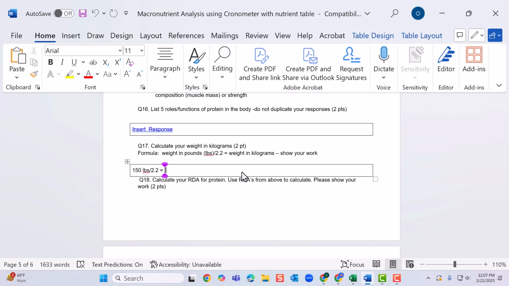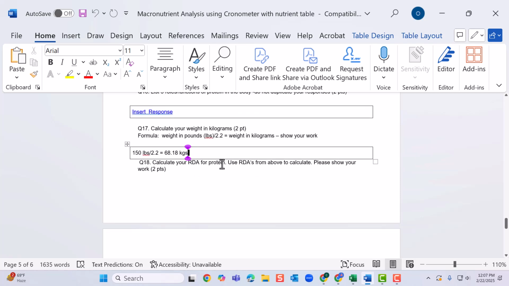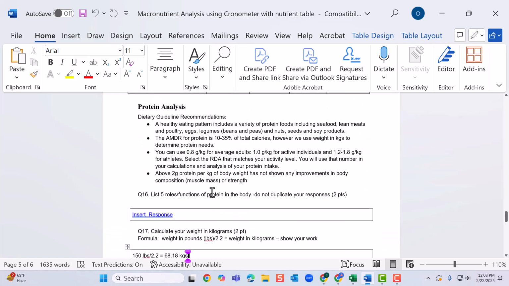Notice I'm showing my work, so I divide by 2.2, and that means I am 68.18 kilograms. So I've just done the math. I know how much my weight is in kilograms. I do not want to see RDA for protein using pounds because the whole purpose of having you calculate kilograms is so that we're using the same units.